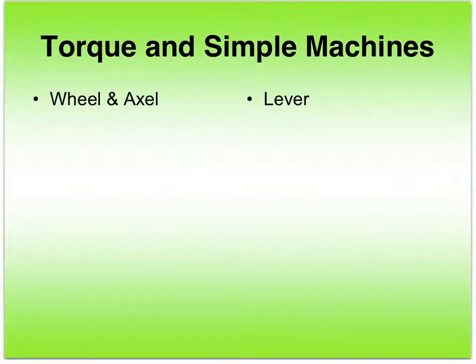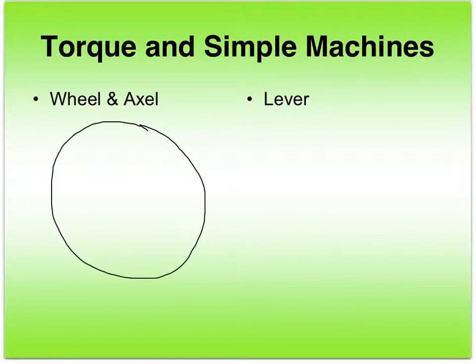So for a wheel and axle, like I just showed on the last slide, here's my wheel, here's my axle, here's my central point. For a wheel, this is your lever arm. And for the axle, this is your lever arm. So this lever arm for your wheel is your effort distance, and this lever arm for your axle is your resistance distance.